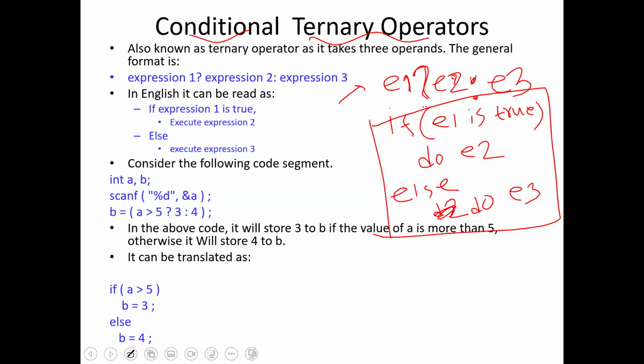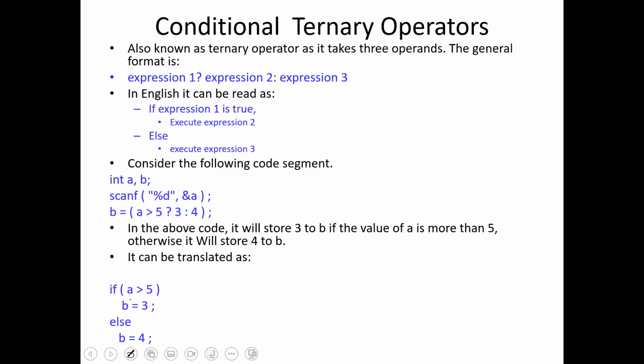Example, let's say here, I have 2 variables, int a, b. I'm taking input, scanf %d ampersand a. See, I'm writing b equals, this is the conditional ternary operator happening, a greater than 5, what? 3 colon 4.